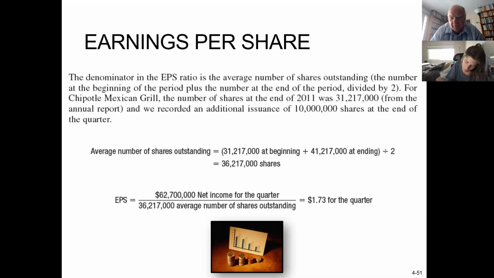Earnings per share. And in this country here, one of the ways we got ourselves in a little bit of trouble, and I think we still do, is a lot of companies are accused of managing to a short-term number. In other words, the expectation for Chipotle was that they were going to come up with $1.70 per share.